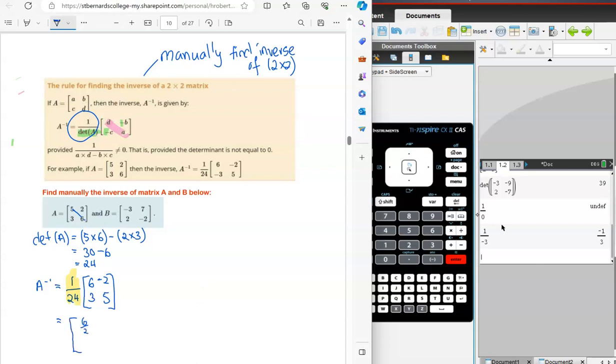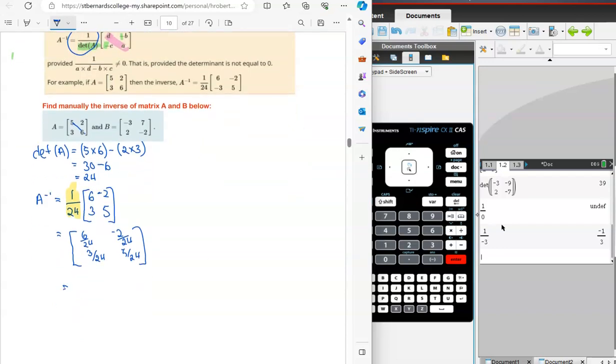So I've got 6 over 24. I'm multiplying them all by 1 over 24. So essentially what you see is all the numbers over the determinant number. And then obviously they could be simplified. And if you simplified them, you would end up with 1/4, 1/8, negative a 12th, and 5/24.